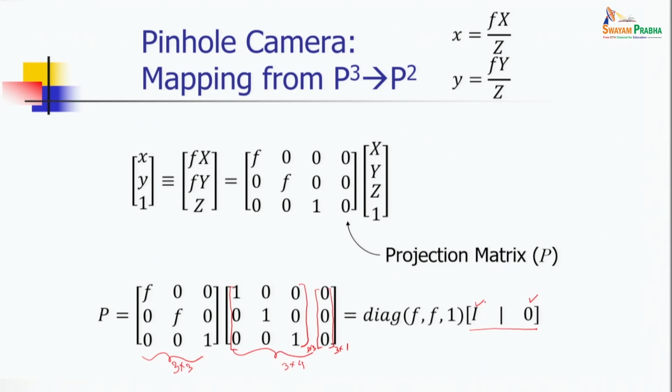And for the submatrix components, you should know the dimension, which though I did not mention, is always implied in this form. This I is an identity matrix of 3 cross 3 size, and this 0 is a 0 column vector of 3 cross 1. So, with this arrangement together, you get this 3 cross 4 matrix. Now, this separator is shown just for convenience. Otherwise, it does not have any other mathematical significance.